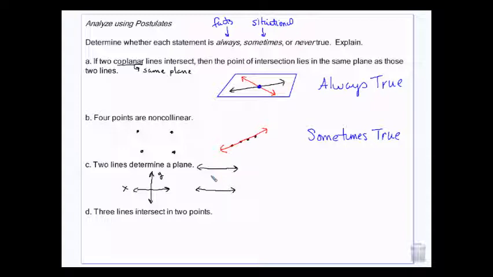But what if they're like this? They got different directions. Is that going to make a plane? No. So if I have one line that goes flat and another line that goes like this, this one is also sometimes true, because it depends on which two lines we're talking about.